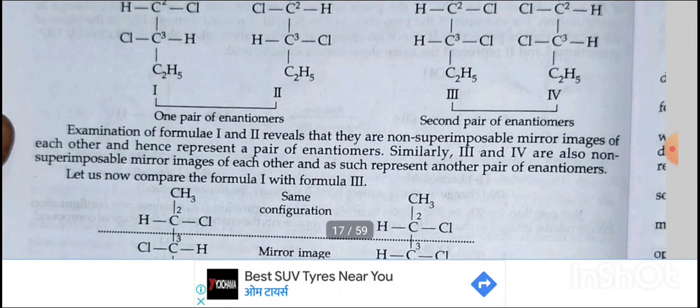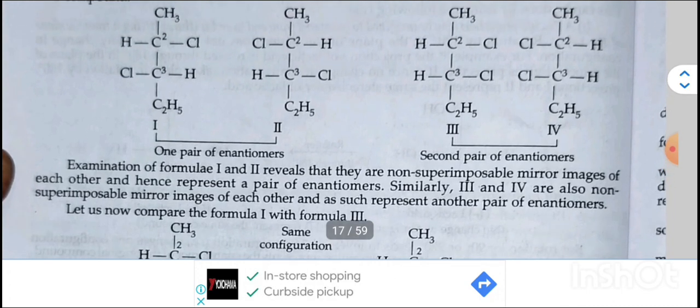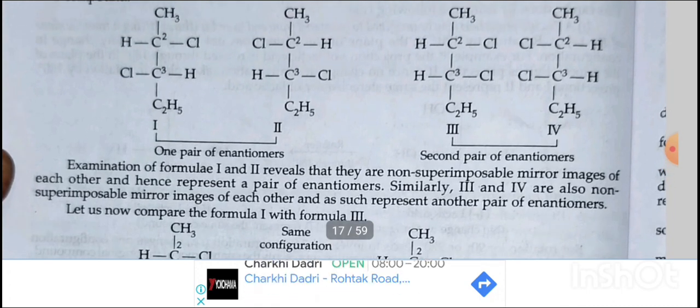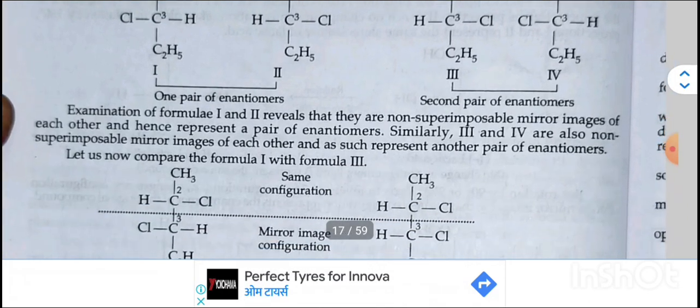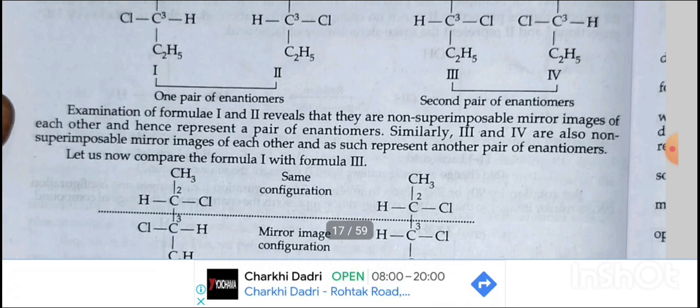Examination of formulae 1 and 2 reveals that they are non-superimposable mirror images of each other and hence represent a pair of enantiomers. Similarly, the third and fourth are also non-superimposable mirror images of each other and represent another pair of enantiomers.